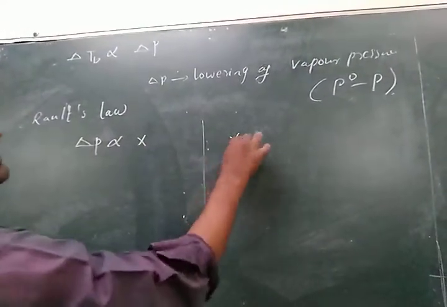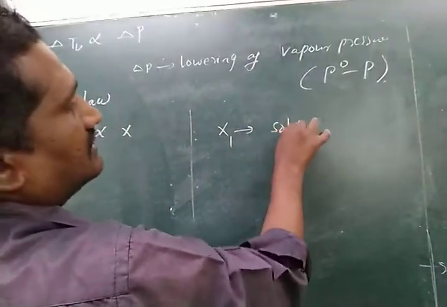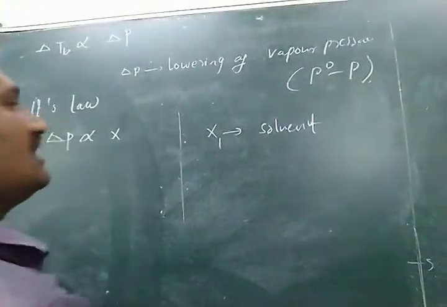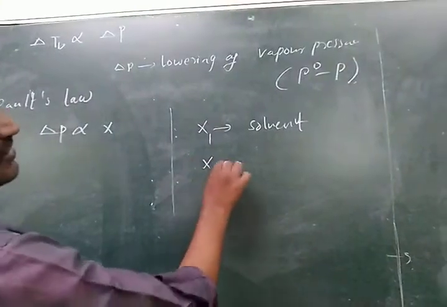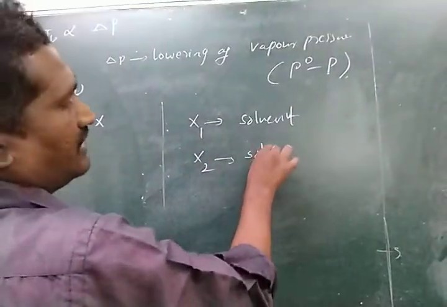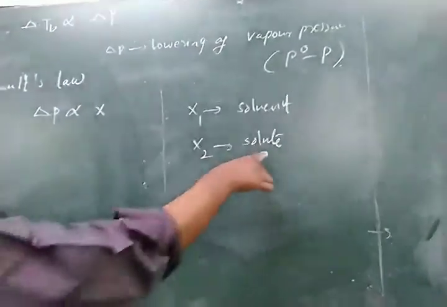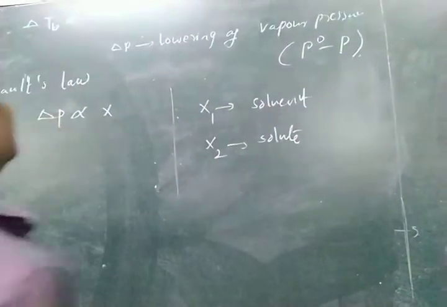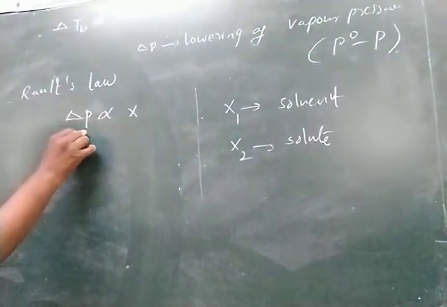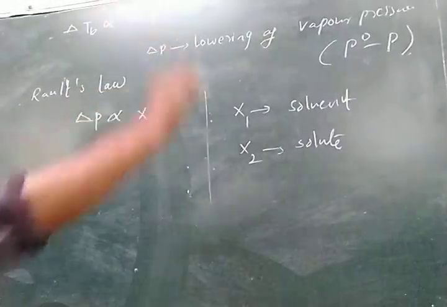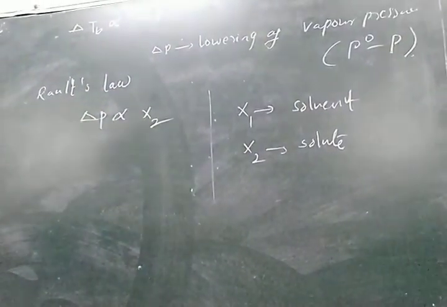Here x1 is the mole fraction of solvent, and x2 is the mole fraction of solute. 2 belongs to solute, 1 belongs to solvent. Now the lowering of vapor pressure is directly proportional to the mole fraction of solute. X is always mole fraction.